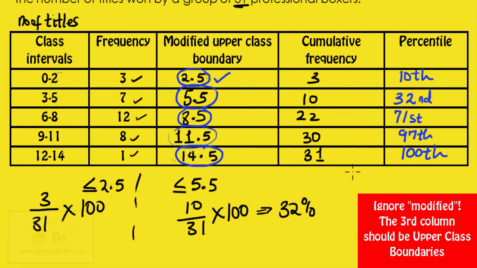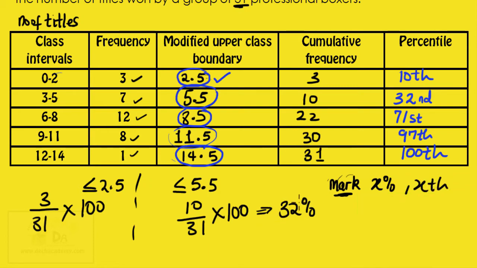Remember, if a mark is such that X% of the people obtain at most that mark, then that mark lies at the Xth percentile. So since 32% of the boxers won at most 5.5 titles, that means 5.5 lies at the 32nd percentile.